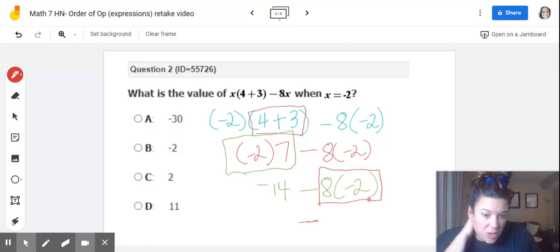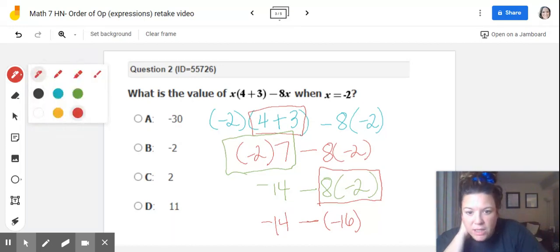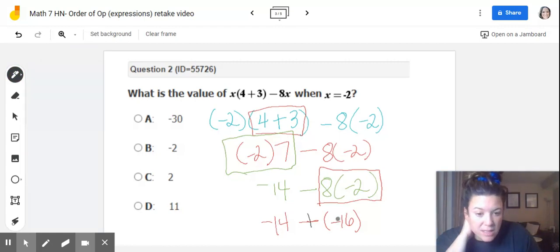And then my answer of 8 times -2 is a -16. So this is going to have two negatives also, just like the last problem did. And my -14 is in front. So on your calculators, -14 minus -16 really means -14 plus positive, right? Keep, change, and that equals 2.